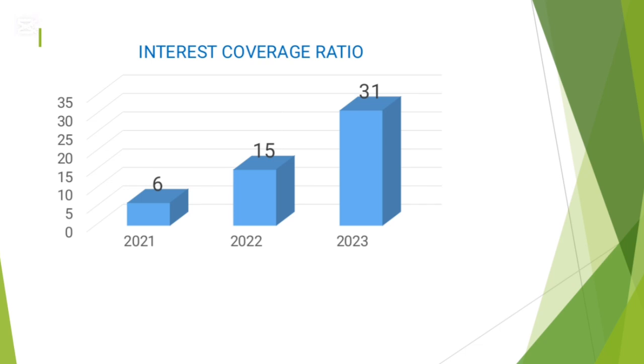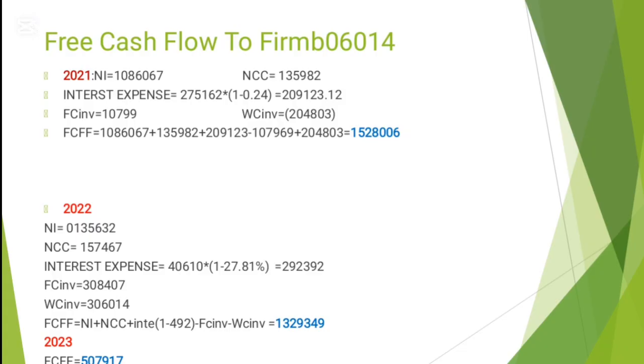Then from there, we are going to look at the free cash flow to firm. Free cash flow to firm is a measure of the cash that is available to all the investors of the company, both equity holders and debt holders.